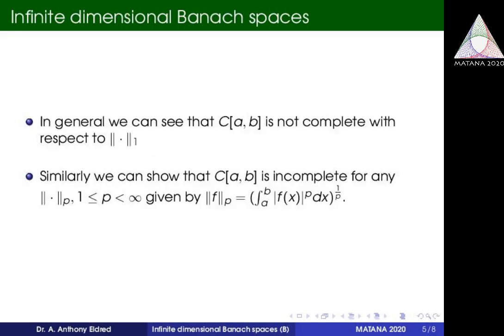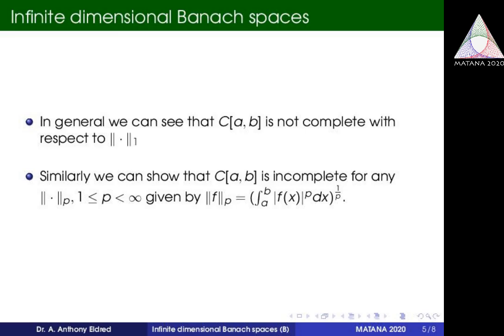Now here we have defined C[0, 1] in the 1 norm, but we can also define C[0, 1] or C[a, b] in any p norm. That is, the p norm of f equals the integral from a to b of modulus of f of x to the power p dx, the whole to the power 1 by p.